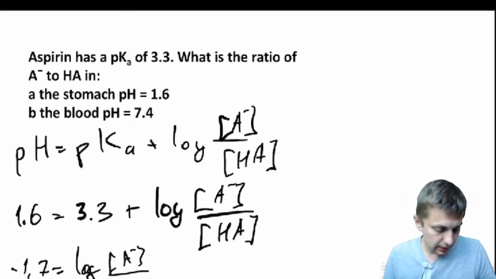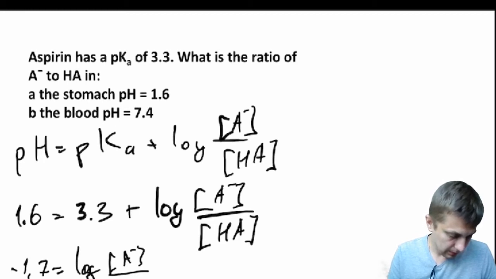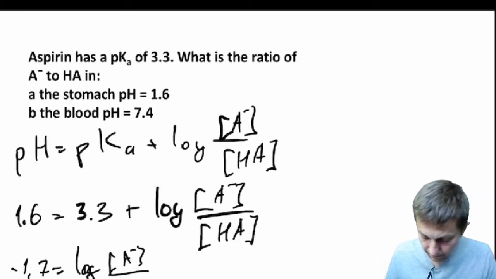Okay, and 10 to the power, the ratio A minus divided by HA.